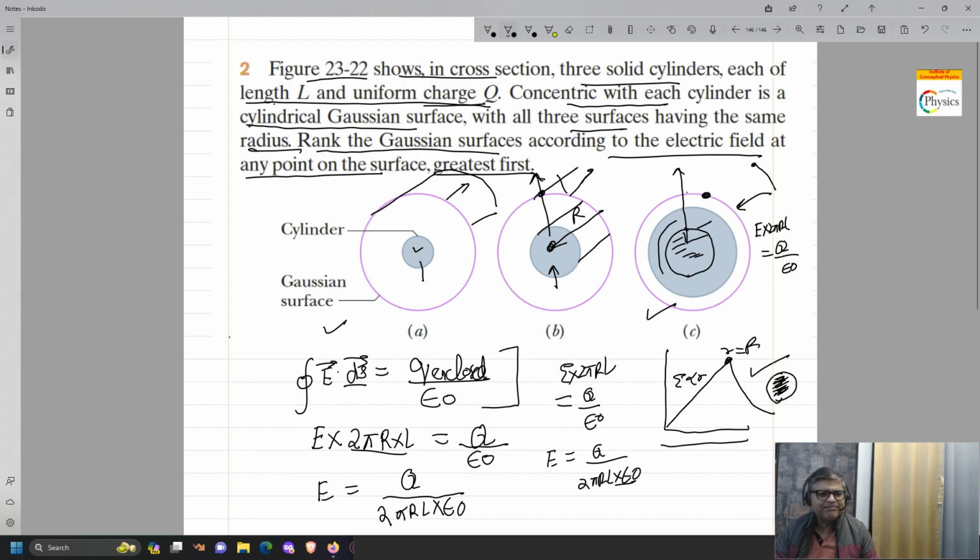But if you apply the basics, your strategy, which is E·dS equal to Q enclosed, the Q enclosed is identical and the Gaussian surface is identical. There is no reason why the electric field should be different on the Gaussian surface, despite the fact that the charges are shown in a different manner. It's all about Q enclosed and the Gaussian surface, which were identical. And the answer is that all the electric fields are identical, so E1 is equal to E2 is equal to E3.